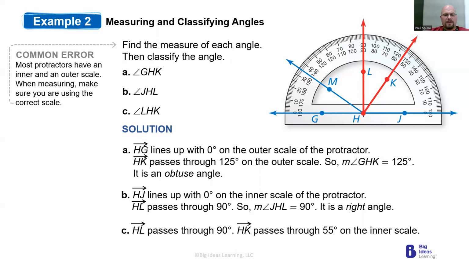It might be slightly off, but we got 55 roughly, or 125. So we have either 90 minus 55 or 125 minus 90. Both would give us the same value of 35 degrees. Again, it's always a positive value, just like when we're doing distance.